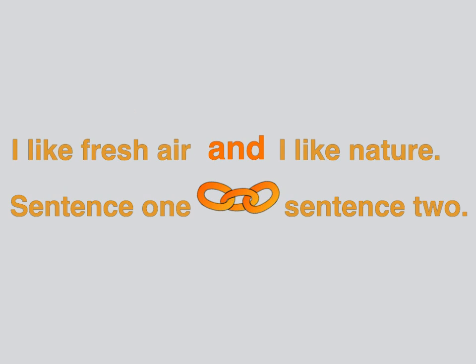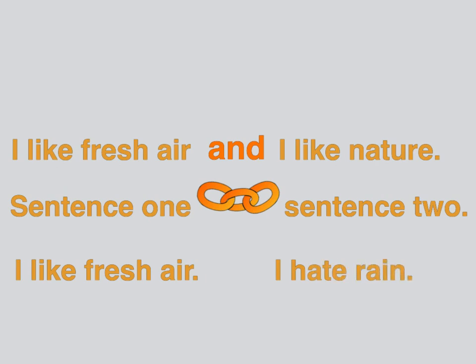I like fresh air and I like nature. Here's another example. It has two contrasting sentences. And now, again, it's smooth and natural. I like fresh air, but I hate rain.